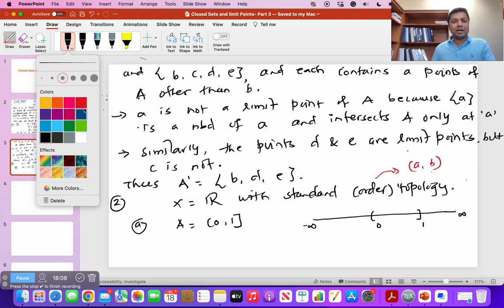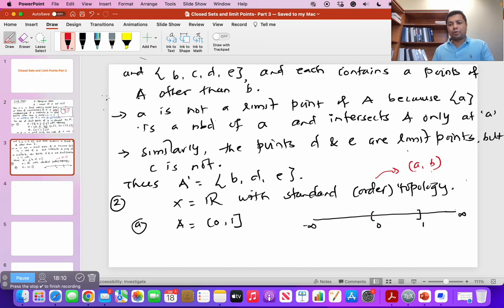Okay, now let's start with investigating the point 0. Since we are taking the standard topology on R, the open sets in R are those open intervals. Let's see whether 0 is a limit point of this set or not.